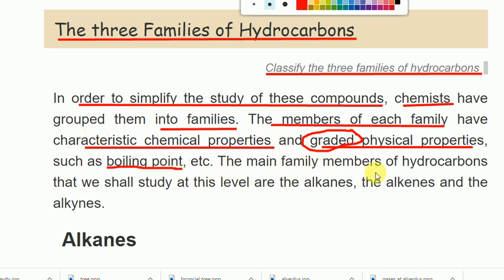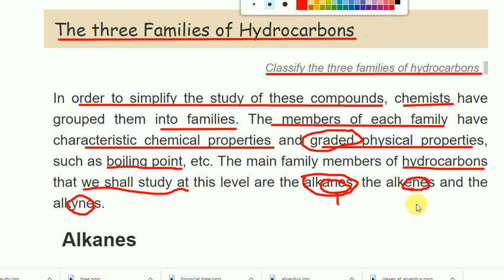Now the main family members of hydrocarbons that we shall study for this level are alkanes. You see, alkanes, and their names end with ane. Then you have alkenes, and then you have alkynes.